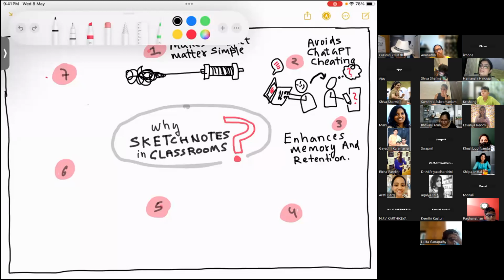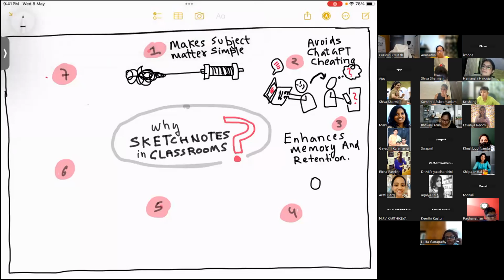That's the whole point. So what I mean to say is this: I will draw a person who is thinking of something, and now he is also able to draw that.